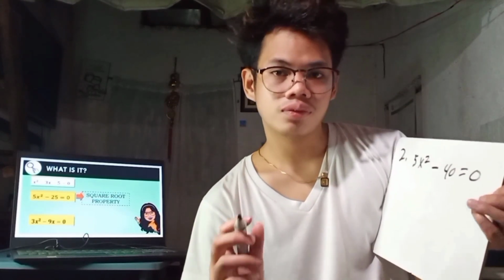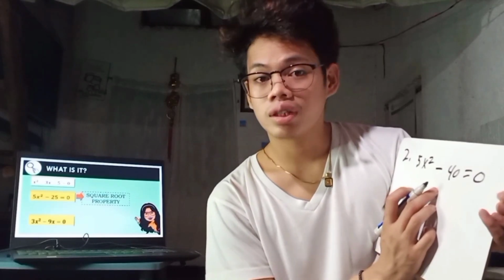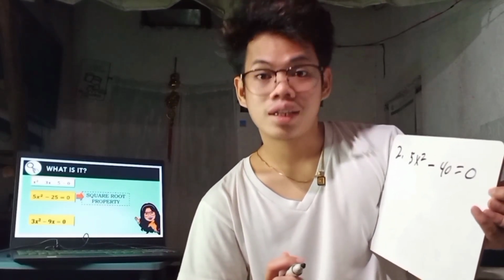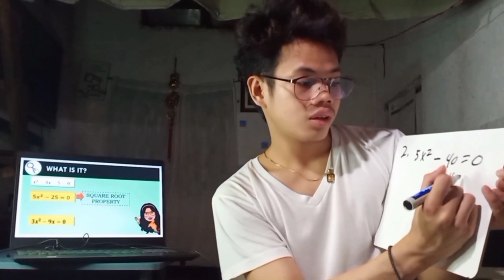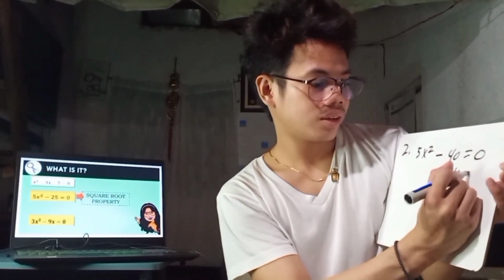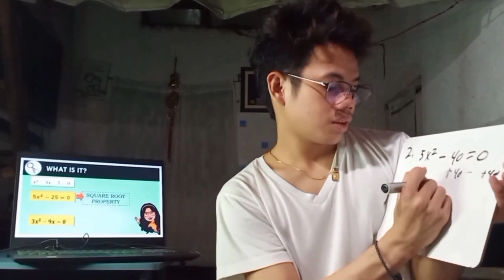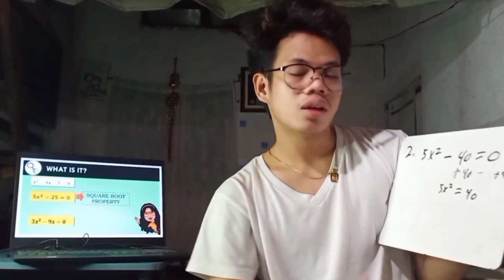But the first step that we need to do is eliminate the negative 40 by applying the addition property of equality, by adding positive 40 to the right and to the left. Plus 40. So it will become 5x squared is equal to 40.